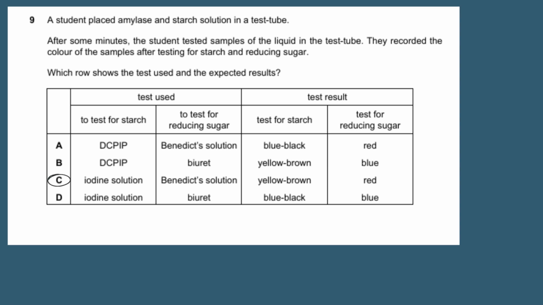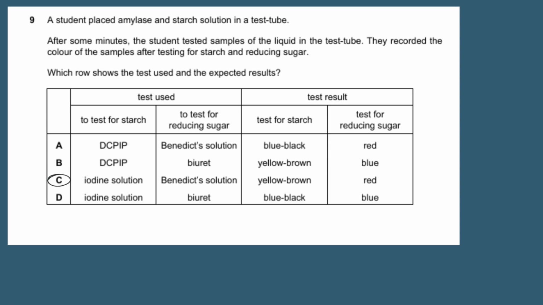After some minutes, amylase and starch will react together, and amylase digests the starch solution to sugar. After some time, the student tested a sample of the liquid in the test tube. It should be starch and sugar, not amylase.